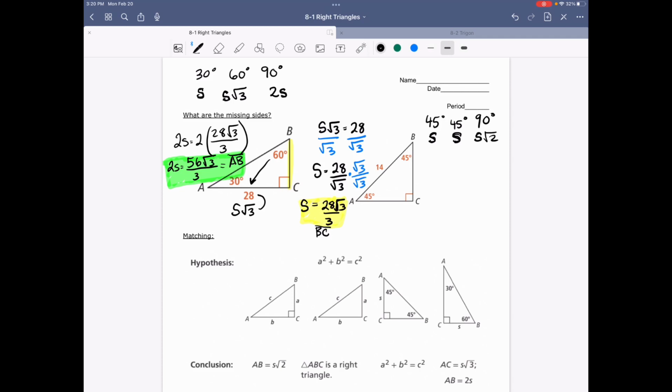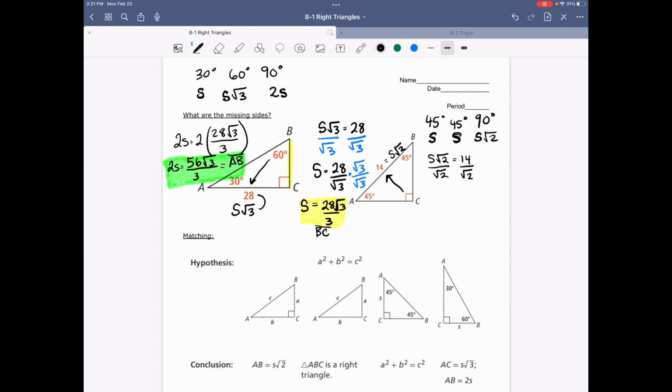And that is for 45, 45, 90. And so they gave us the long side. They gave us what 90 is pointing to. So 14 is equal to S root 2. So we have to solve for S. S root 2 equals 14. So we have to divide by root 2.